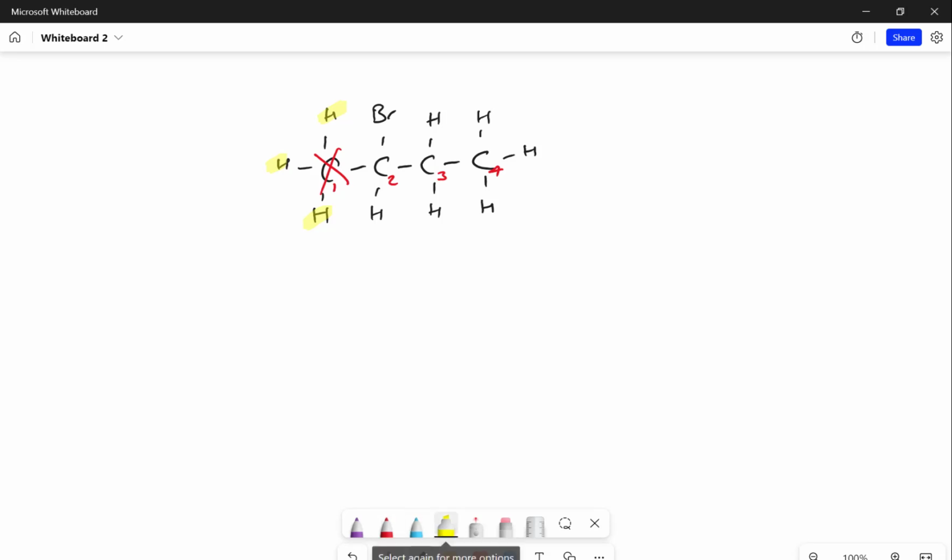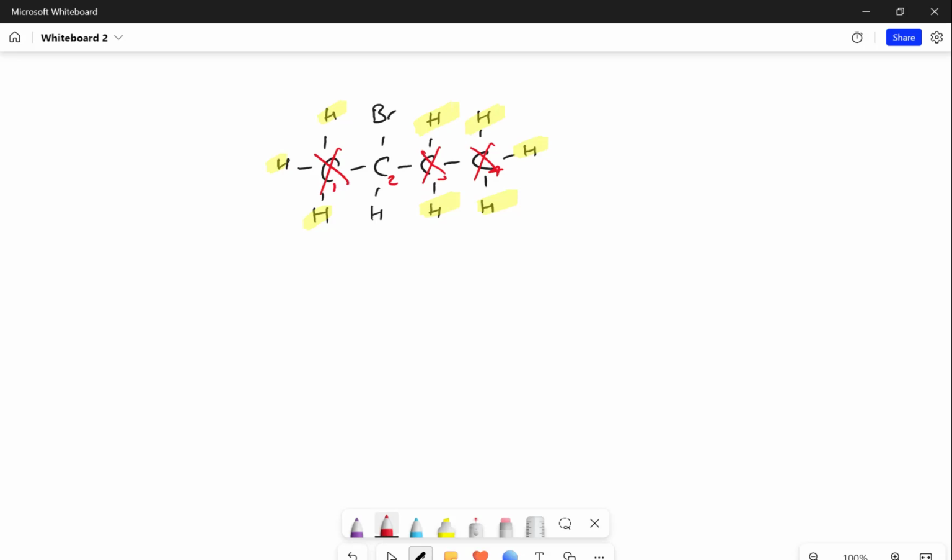I'm going to just jump around because I feel like it. The carbon number 4, we have 1 carbon, 1 hydrogen, 2 hydrogen, 3 hydrogen. 3 of the same group, definitely can't be chiral. We have carbon number 3, we have 1 hydrogen, 2 hydrogen. If I have 2 of the same groups, I definitely don't have 4 different groups, so that is gone. Leaving us with only carbon number 2 to deal with.